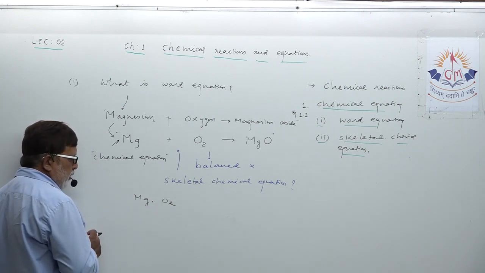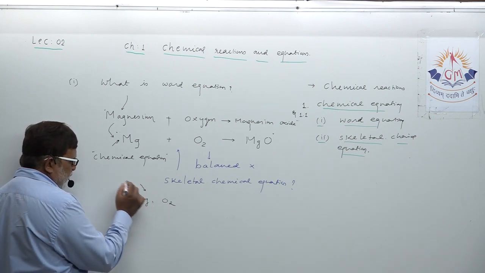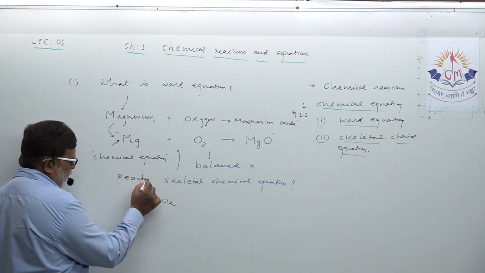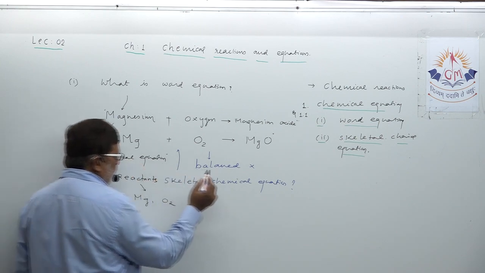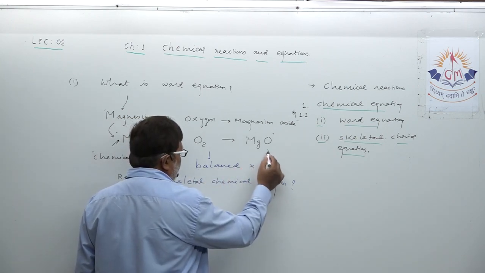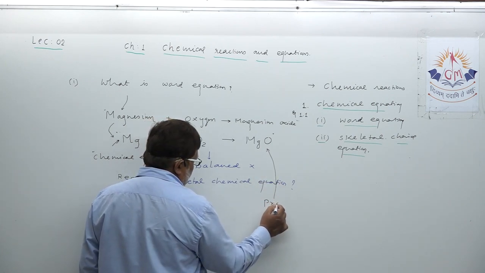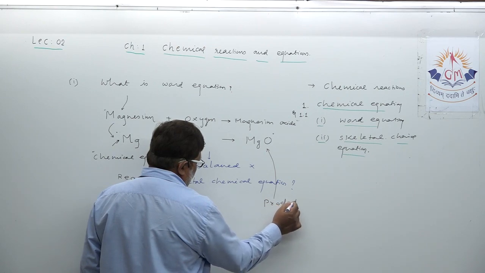These two chemical substances are taking part in the chemical reaction, so we can call them reactants. Okay, and as a result of this chemical reaction, magnesium oxide is formed, which you can call the product.